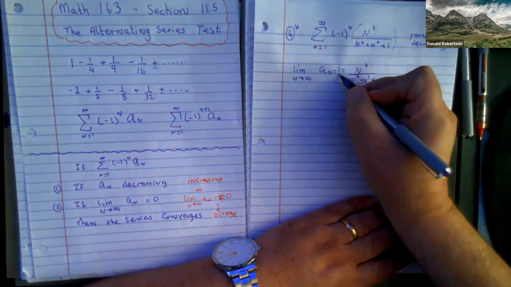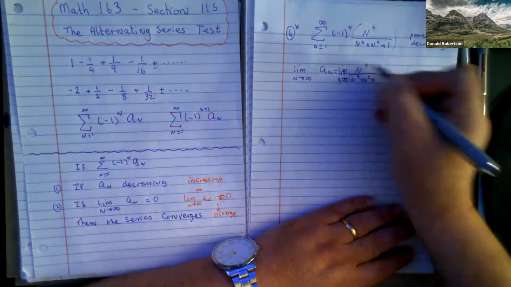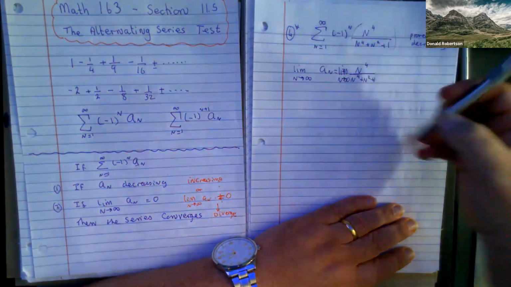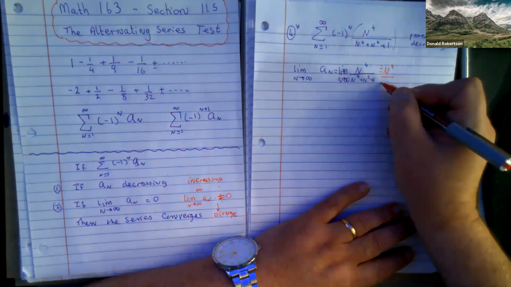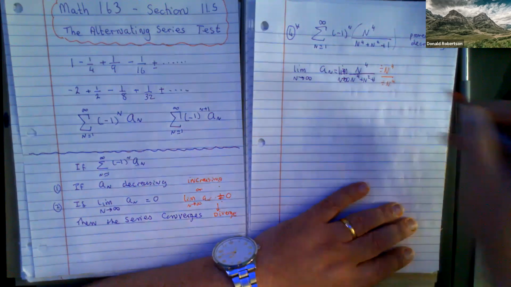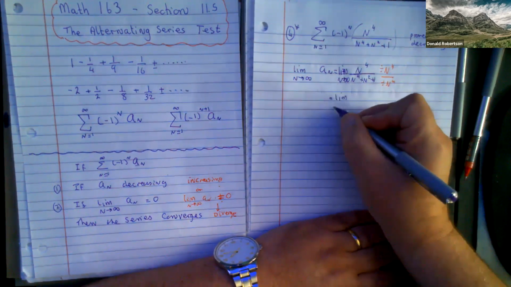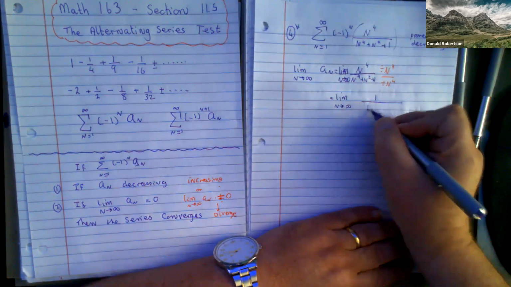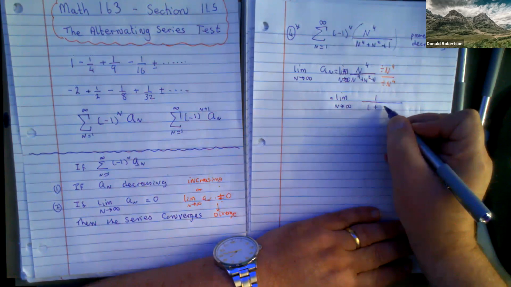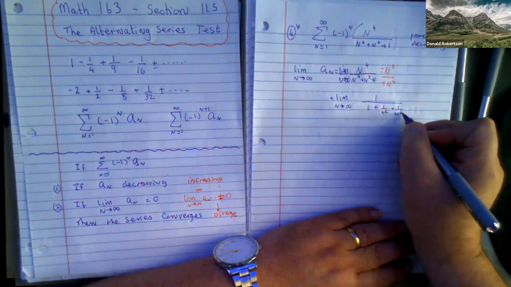So we're trying to find the limit as n tends to infinity of this guy. Now you could do L'Hopital on it, but I think it would be less work if you divide the top and bottom by n to the 4. So it now becomes the limit as n tends to infinity of 1 over 1 plus 1 over n squared plus 1 over n to the 4.